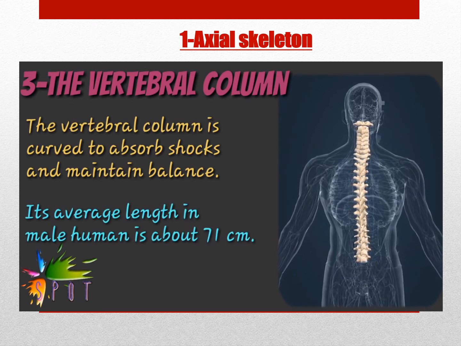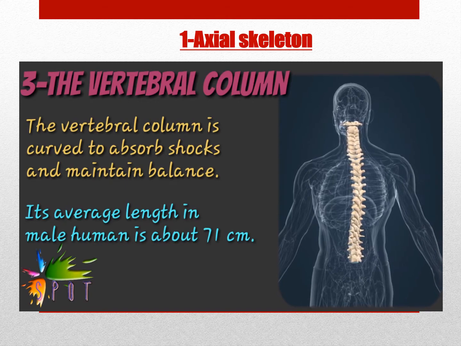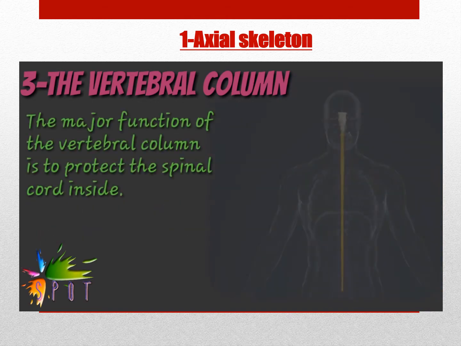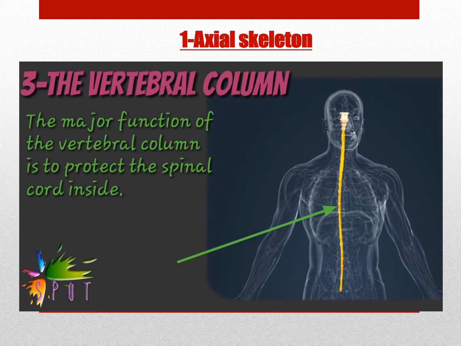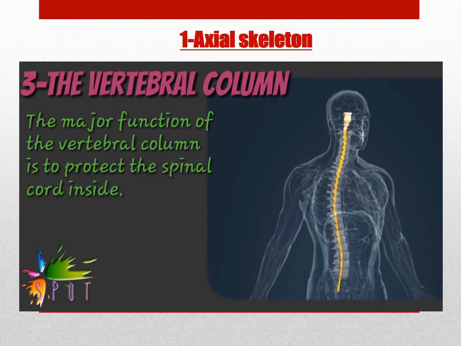The average length of the male vertebral column is 71 centimeters. The main important function of the vertebral column is to protect the spinal cord.